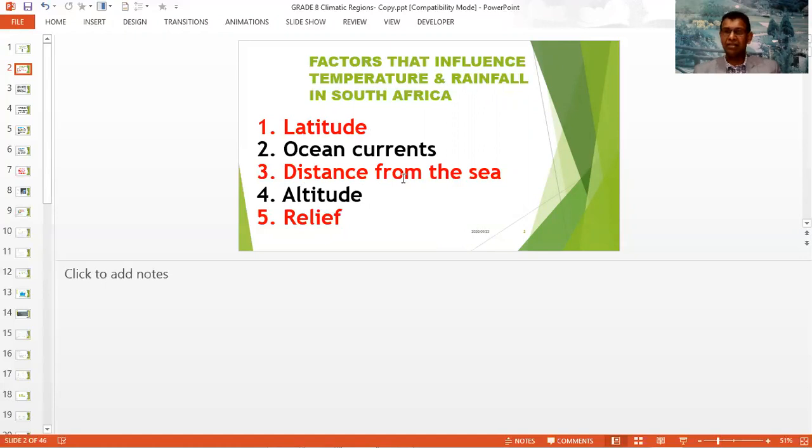The climate of areas along the ocean would be different from areas that have a continental location. We speak of the influence of altitude on temperature and rainfall. And we also speak about the influence of relief, the mountains, on temperature and rainfall. And our subsequent lessons will focus on each of these things.